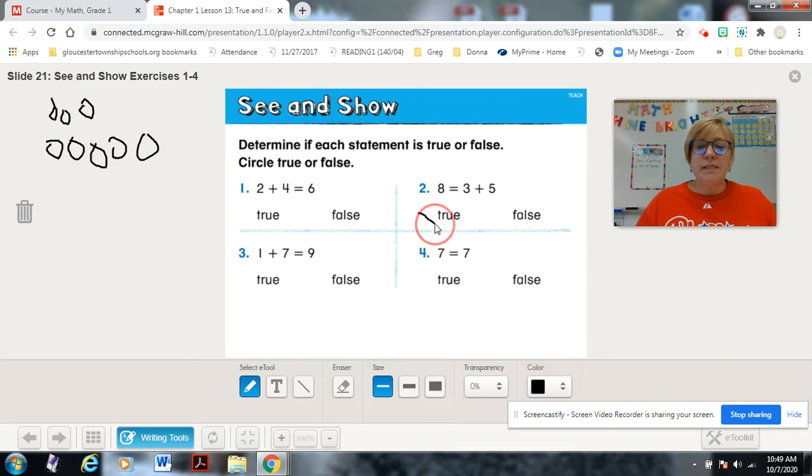That's right. 8 does equal 3 plus 5, so it's true. I know they wrote it differently, but that doesn't automatically make it false, okay? So figure out numbers 3 and 4, pause the video, and come back and check for your answer.